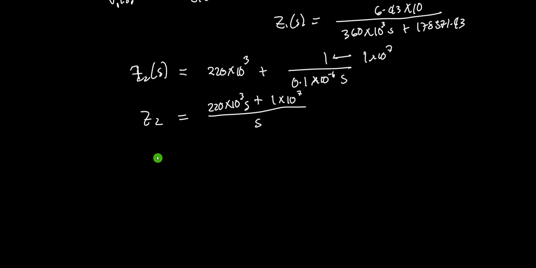Then to solve for the transfer function V out over V in, you just need to divide these two.